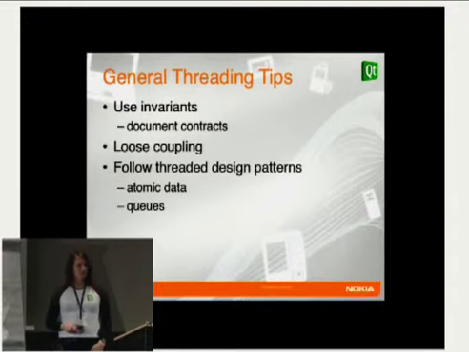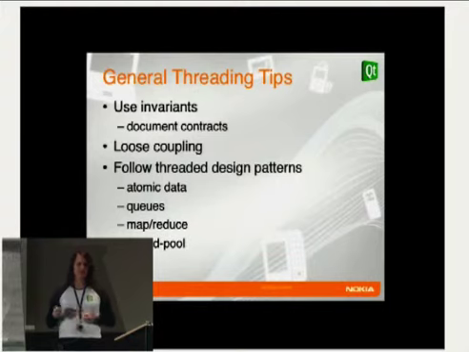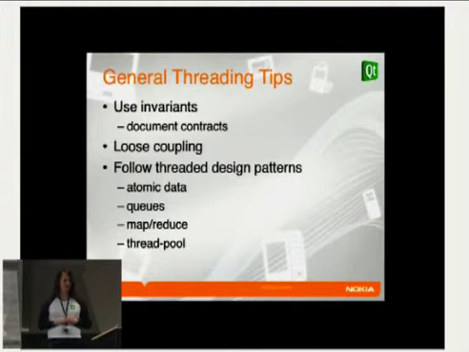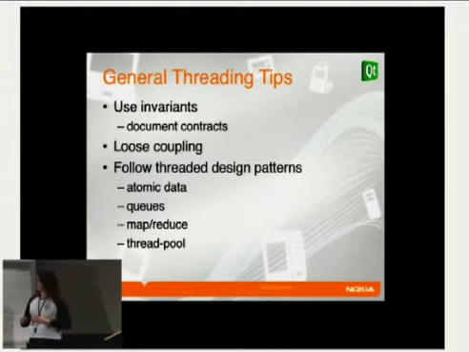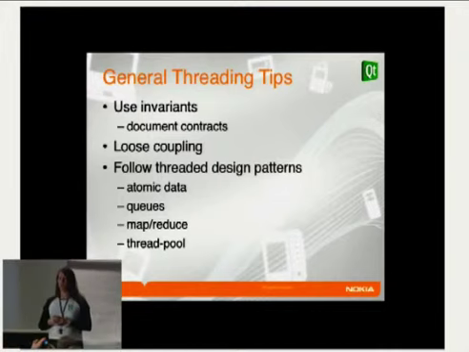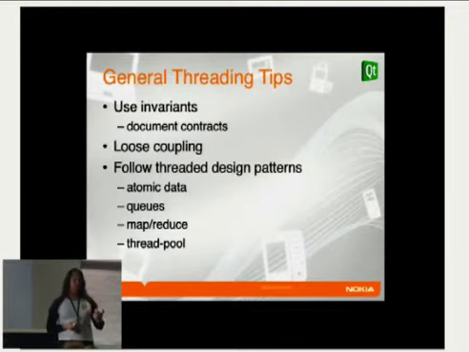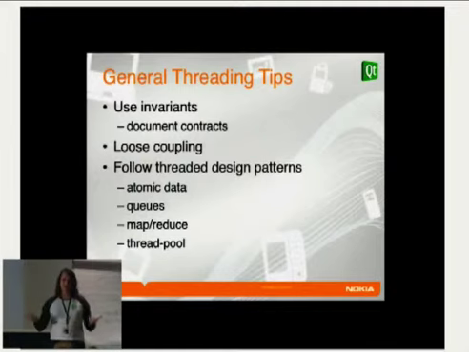Use some good design patterns. There are some great ones out there, and I have links to some textbooks on my last slide. Atomic data is really good, and Qt helps you out here with a few different classes. The queue is a really handy structure for writing threaded code. You put stuff on the beginning, take stuff off the end, and I don't really care what order it's in.